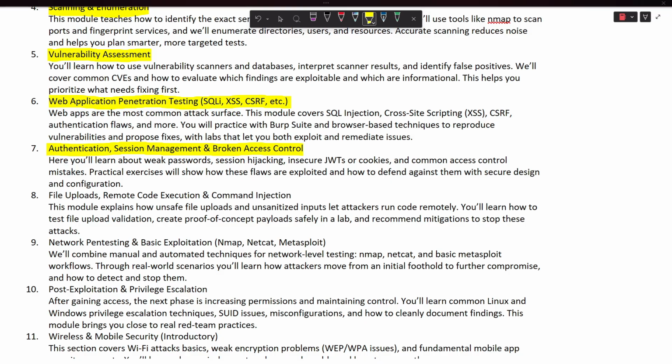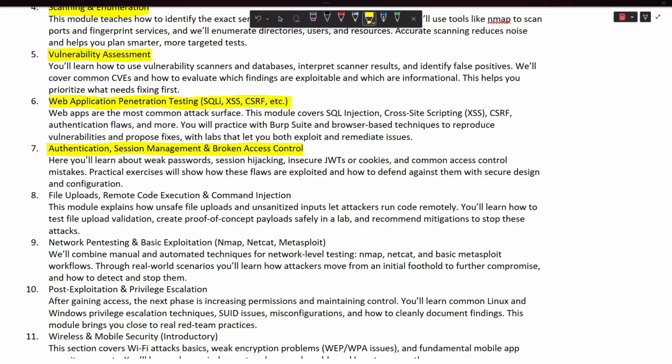So if you are good at it, you can literally create your career in cybersecurity if you are only good with these kinds of vulnerabilities, like access control vulnerabilities and broken access control, and there are some others.